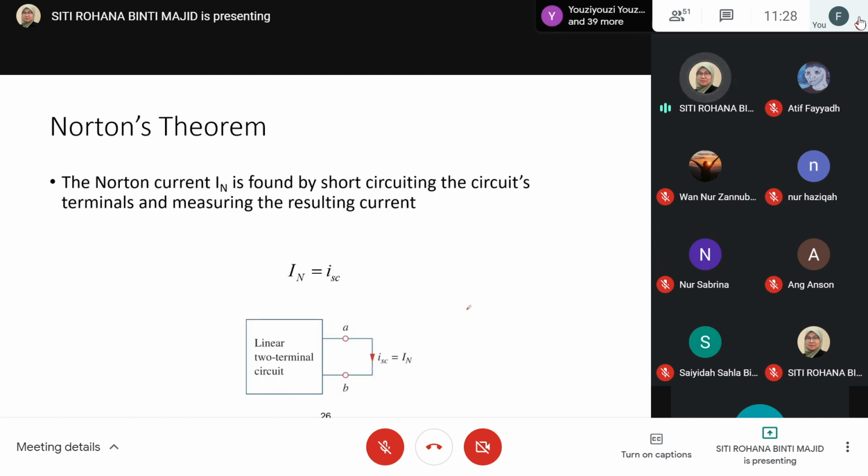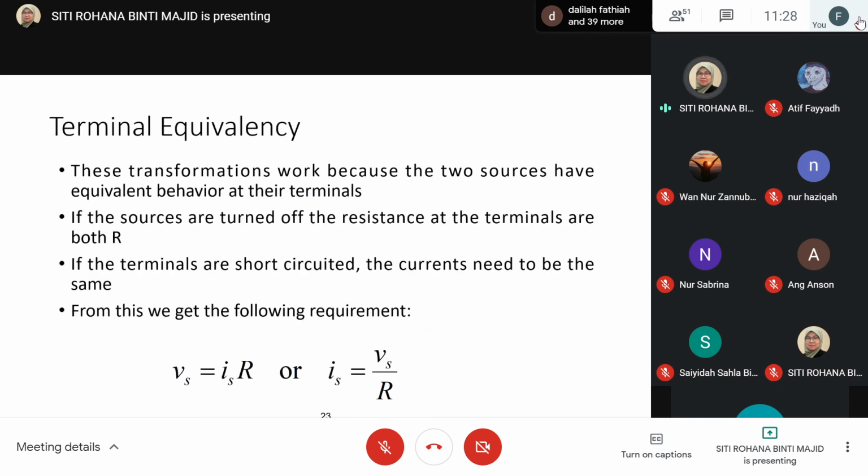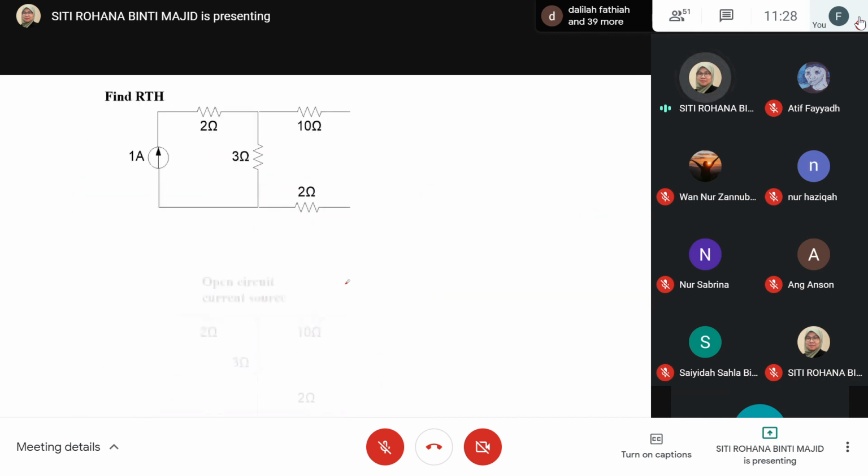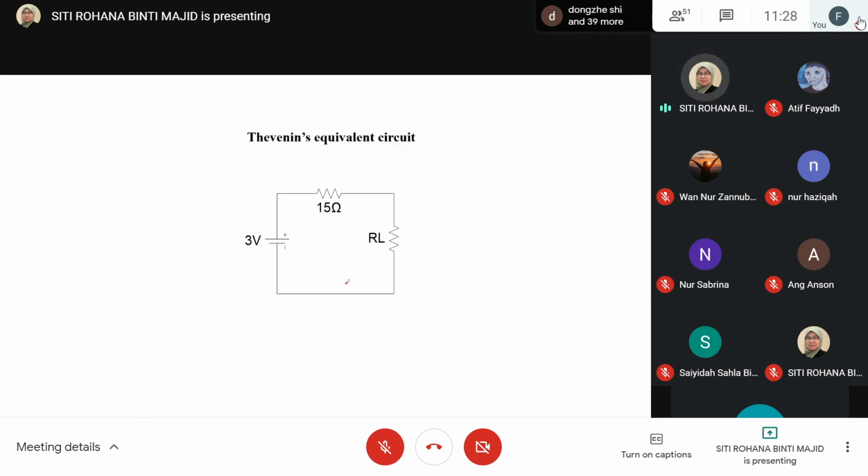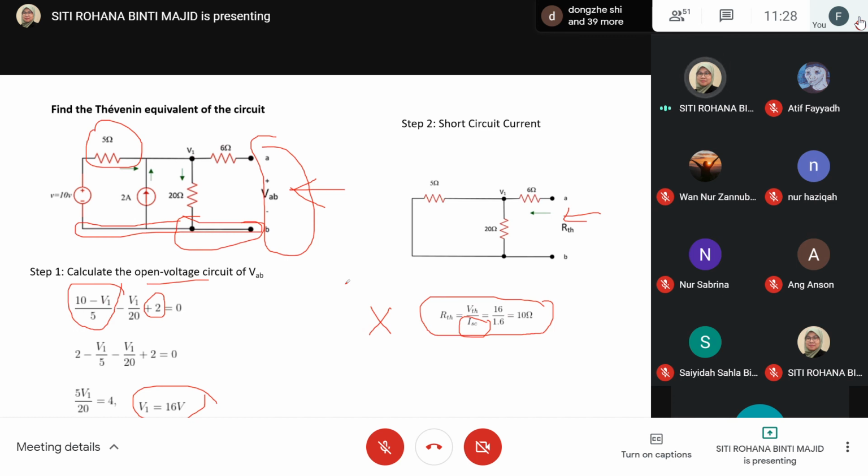Norton theorem, we can calculate from ISC. Remember just now I asked you to calculate ISC. From that part, you know what Norton is. If we flash back to this part, as your homework, I already solved VTH and RTH for you, but I skipped ISC.